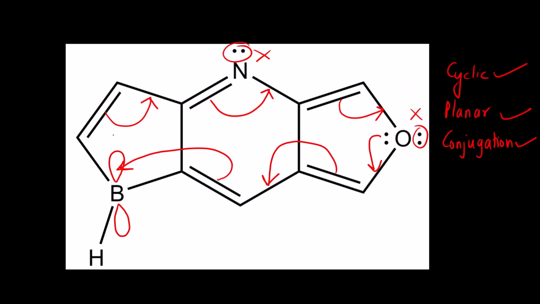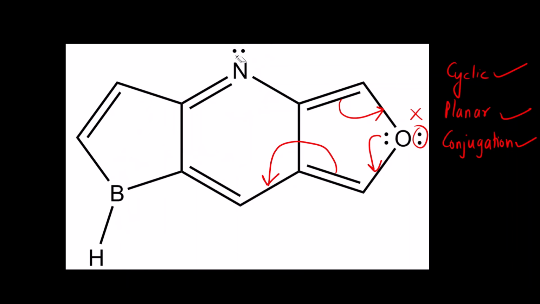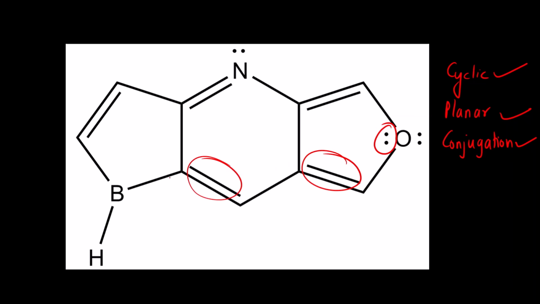The last part is to count the total pi electrons: 2, 4, 6, 8, 10 and 12. This lone pair is not involved, and this lone pair is also not involved.